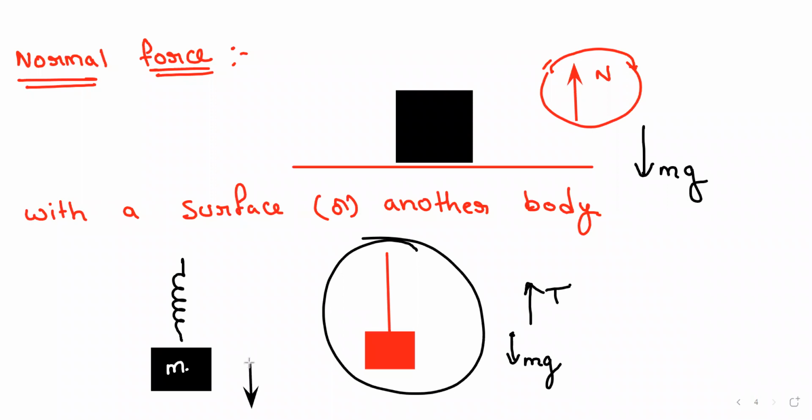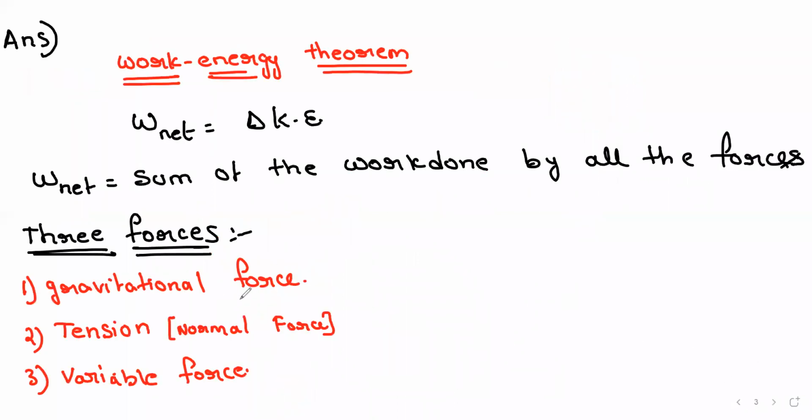They are mg and the spring force, which is equal to kx. Here it is tension with mg. Just remember these differences. Next, so we have gravitational force, tension, and the variable force, right?